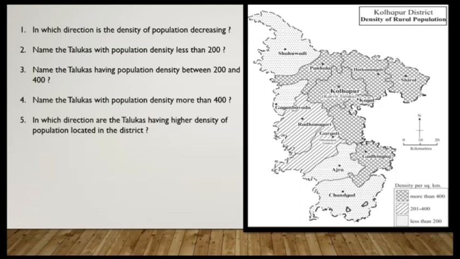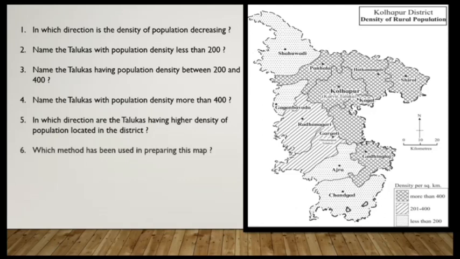In which direction are the talukas having higher density of population located in the district? That is the eastern side and the northeastern side.